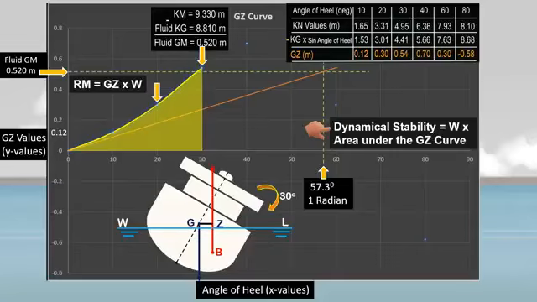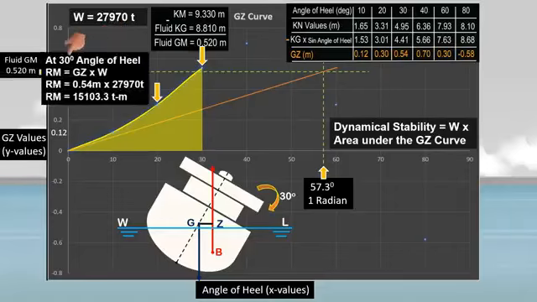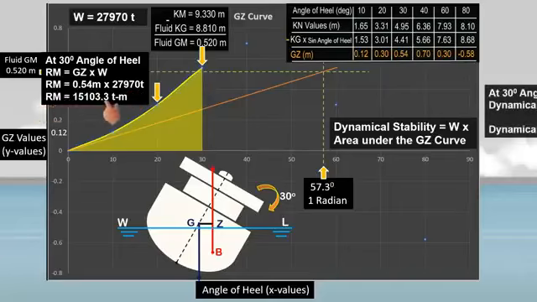Let's do some calculations. The ship's displacement at her loaded condition is 27,970 metric tons. At 30 degrees angle of heel, the ship's righting lever is 0.54 meter. If we multiply it by the ship's displacement, the moment of statical stability is 15,103.3 tons meter.